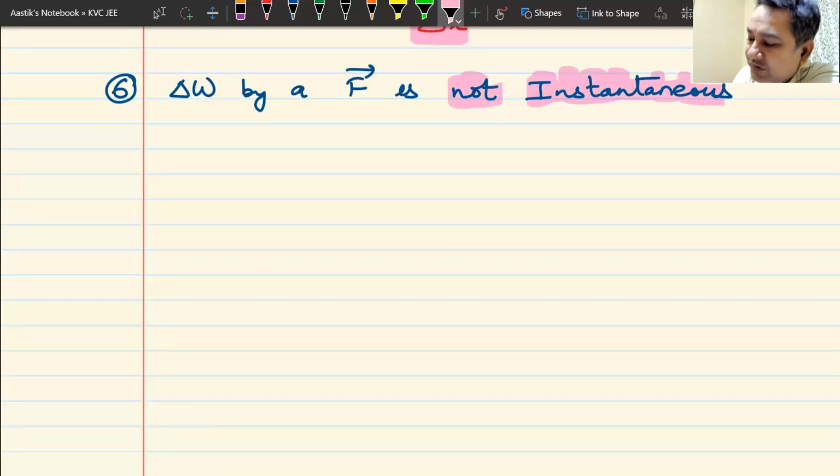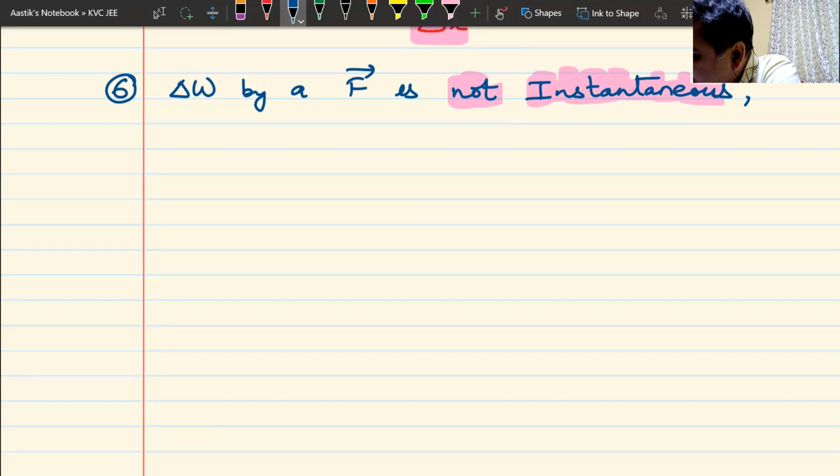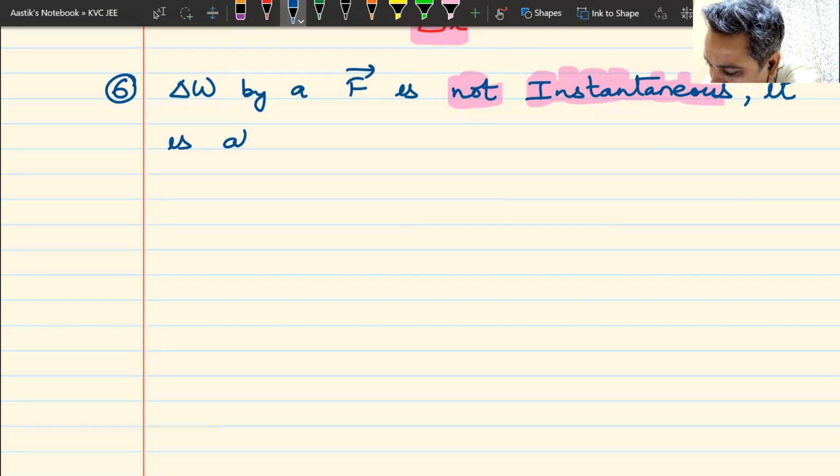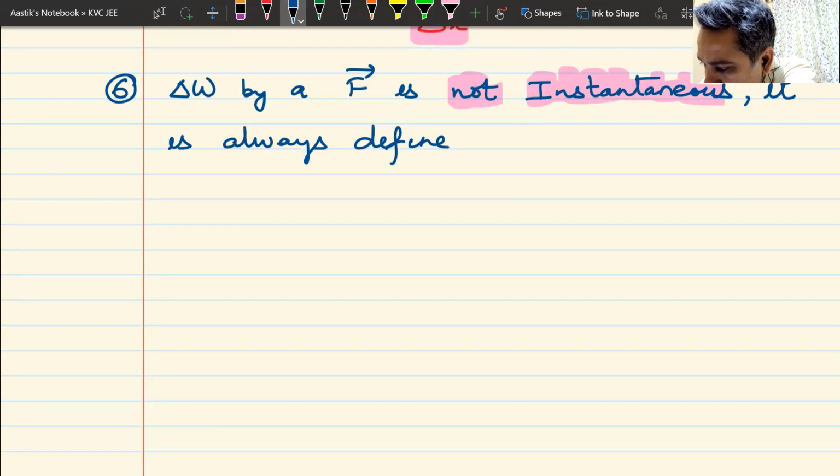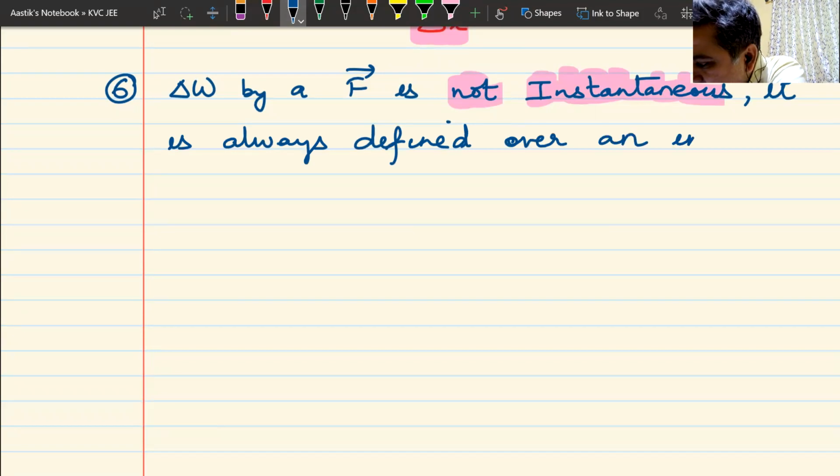Why is it not instantaneous? It is always defined over an interval. To find the work done, you must always have an interval.